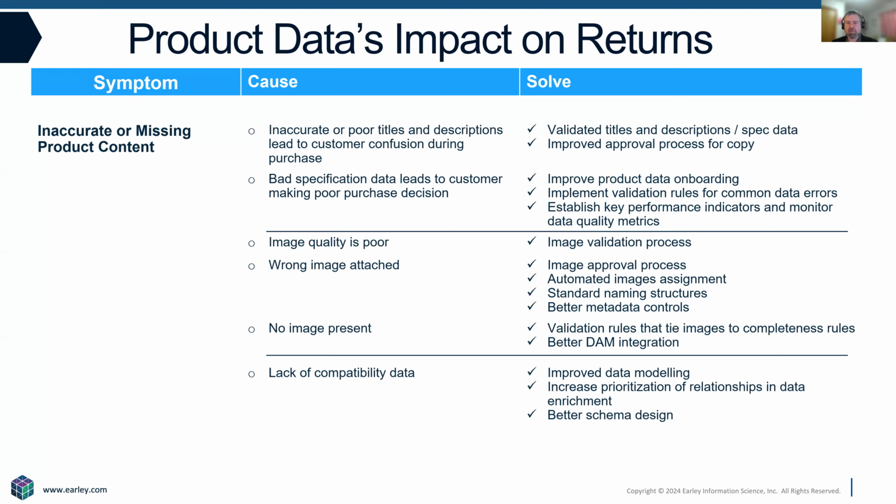And one of the hardest things to do is to get them to understand that it is much easier when you have a controlled naming structure to make sure that the right image is attached to the right product than when you just attempt to do that manually and errors occur either in color, size, quantity, whatever it happens to be, or just wrong product altogether. Standardized naming structure eliminates such a large percentage of the errors, because as long as they get the name right, the rest of the process from an automation perspective takes care of itself.